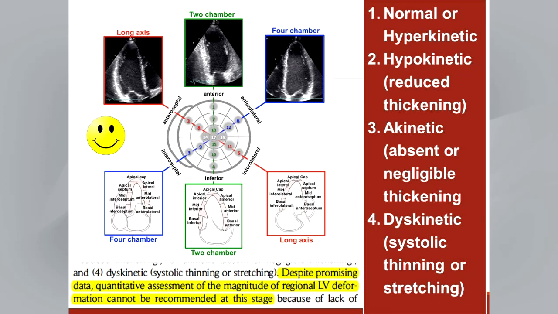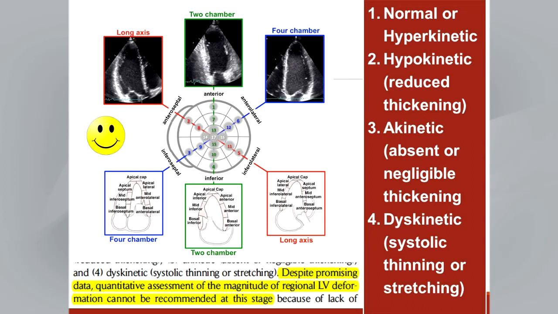Regarding the segmentation of the ventricle, there are no changes compared to the previous manuscript. It's important to understand that the committee does not recommend the use of regional strain, because that is extremely variable.